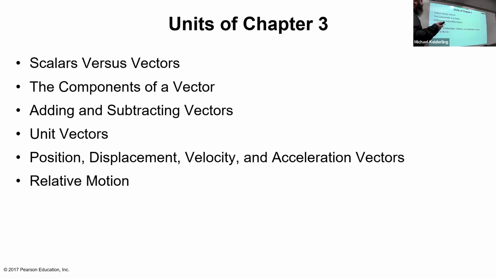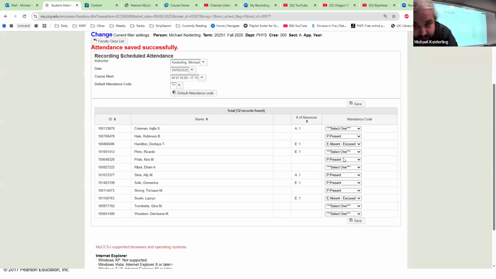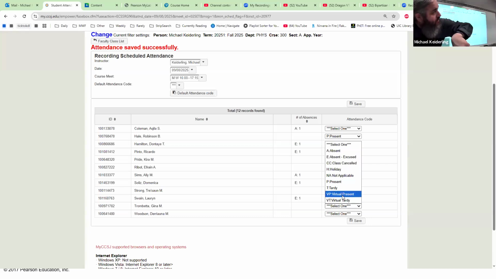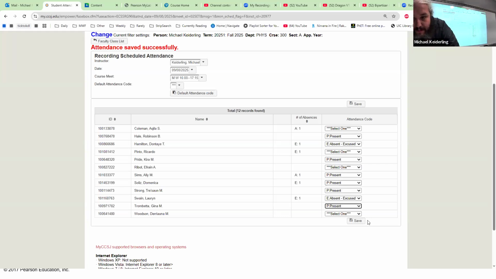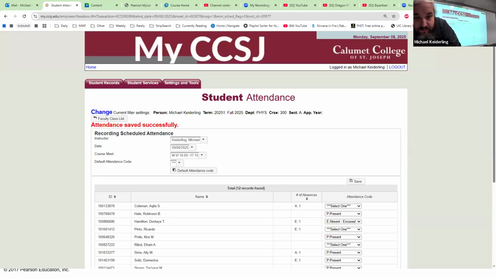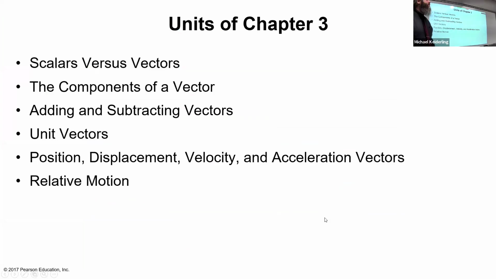Then we'll talk about how we can break a vector down into its components. We'll talk about adding and subtracting vectors.